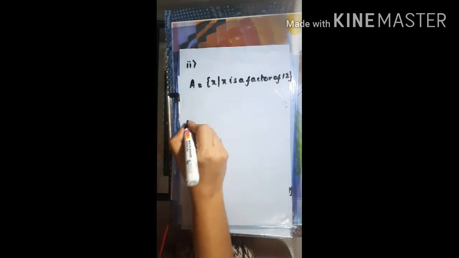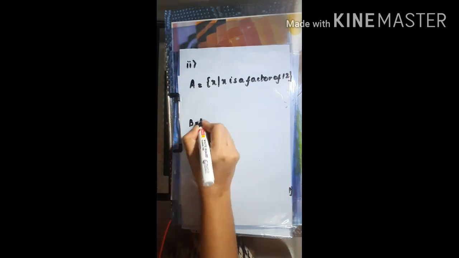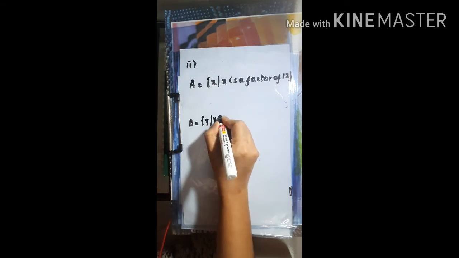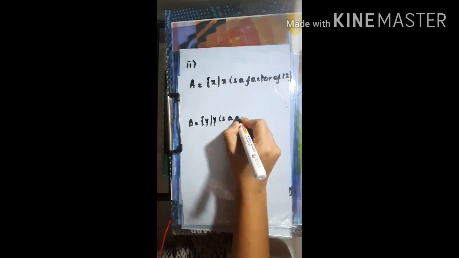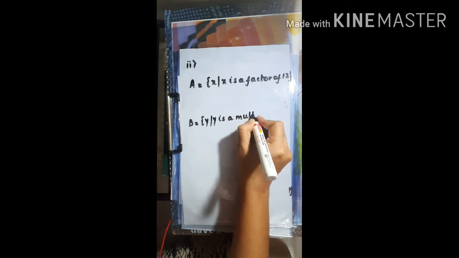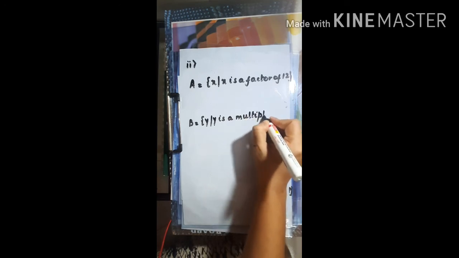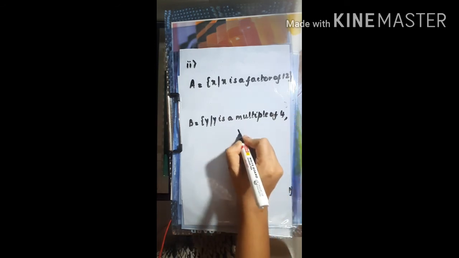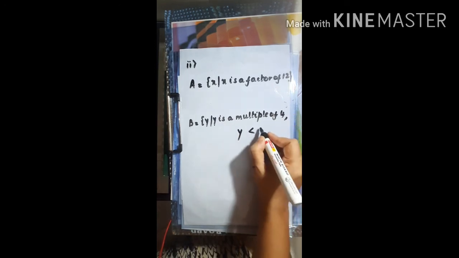Next, B is a set of all y such that y is a multiple of 4, but y is less than 40.